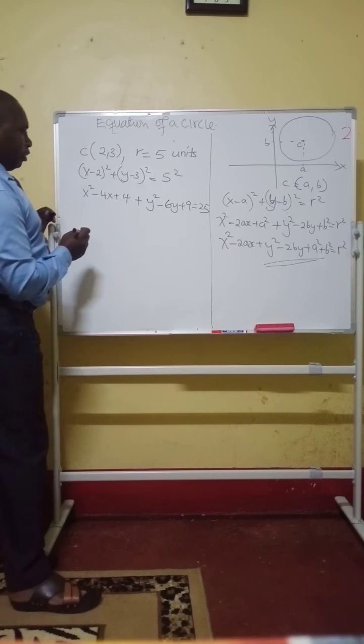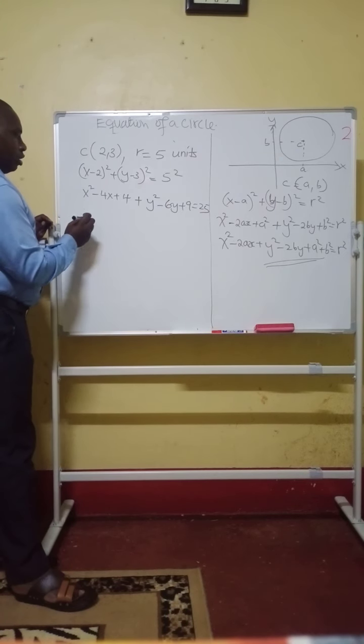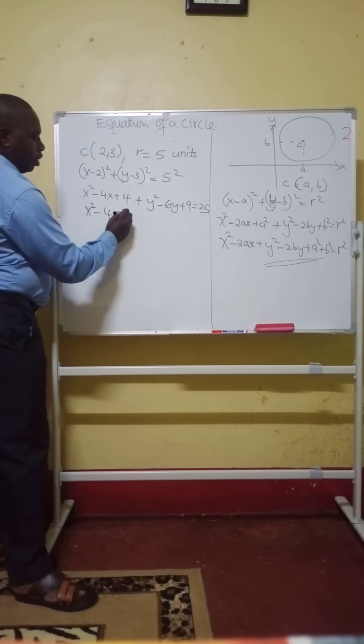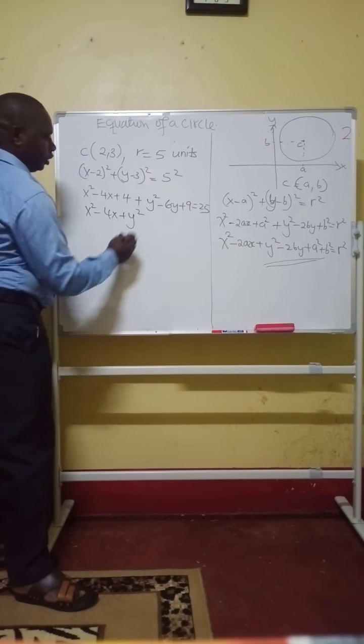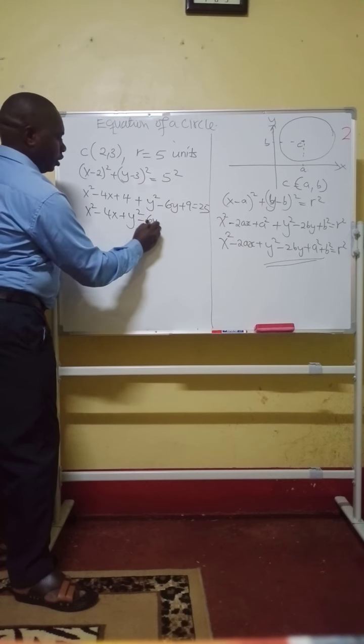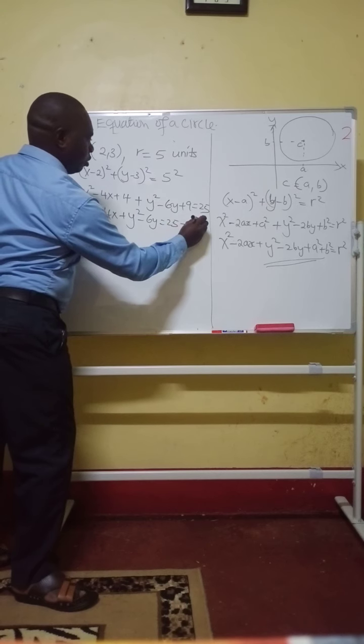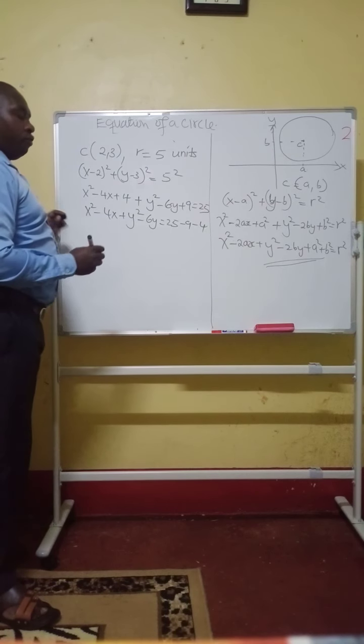We can simplify this further by saying x squared minus 4x plus y squared minus 6y is equal to 25 minus 9 minus 4.